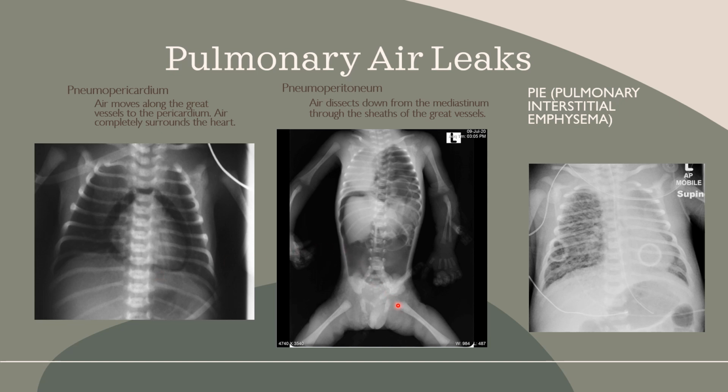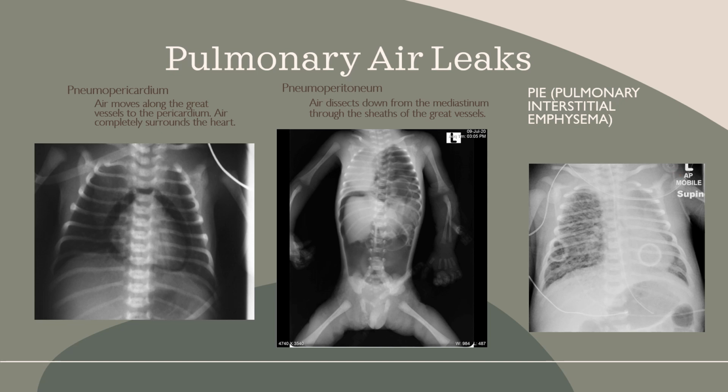The middle x-ray we actually did not really talk about. It's a pneumoperitoneum, and this happens when air dissects down from the mediastinum through the sheaths of the great vessels to have an air leak within the abdominal cavity. And then the x-ray on the right is for pulmonary interstitial emphysema.